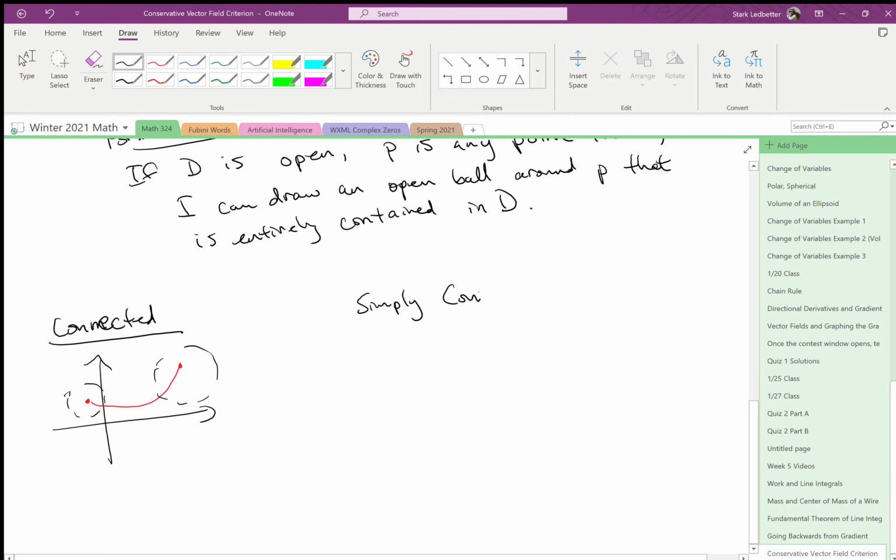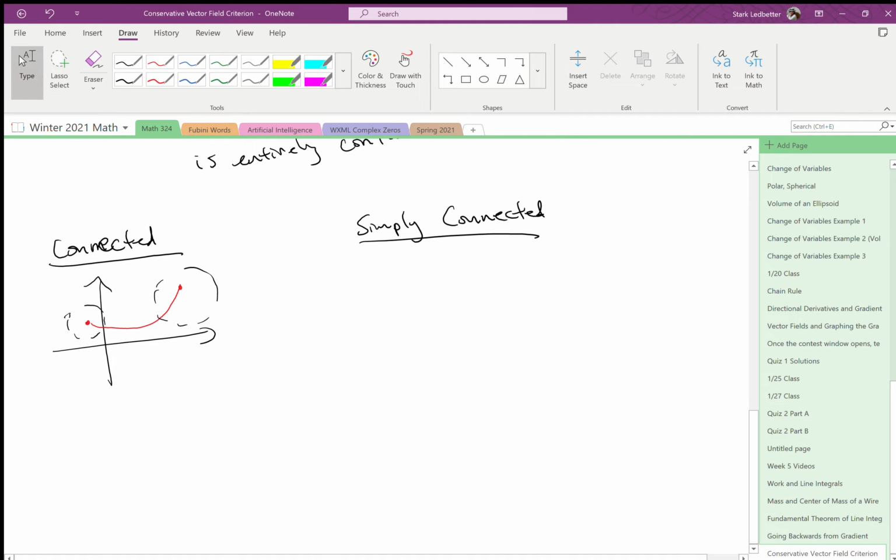But what about simply connected? This is another concept. So what does simply connected mean?